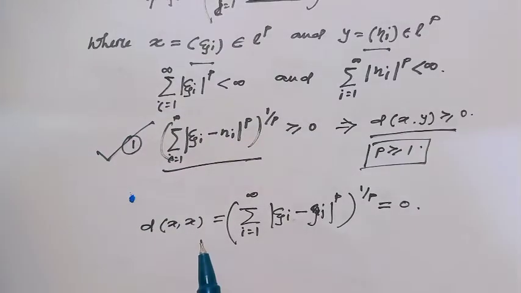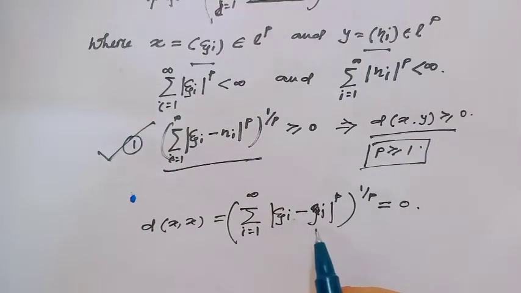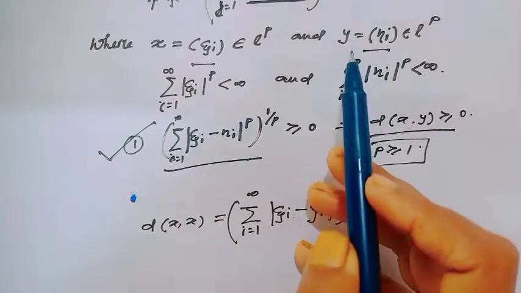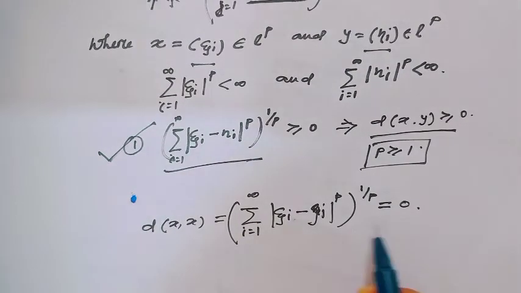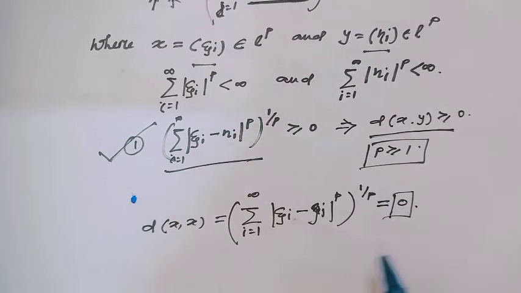For the second condition, when x and y are the same, this sum is obviously equal to 0.